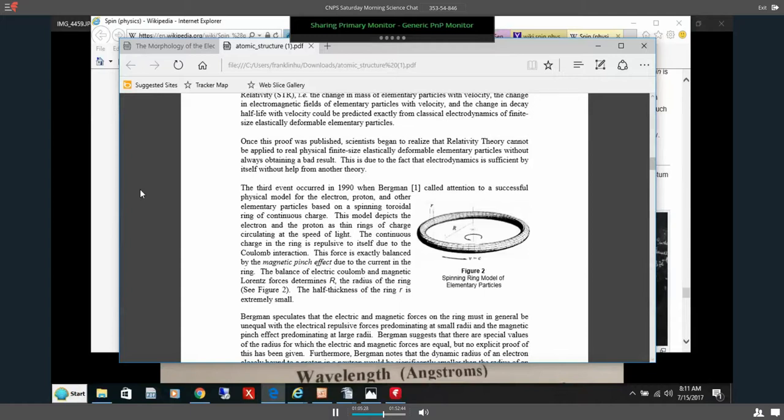Wow. Then he was also shocked because he found that he couldn't break the ring into pieces. It was so strong. He could make it go away by bringing an anti-electron, a positron, together with an electron, and the two rings would disappear. He didn't know where they went. All he knew is he couldn't find them anymore.